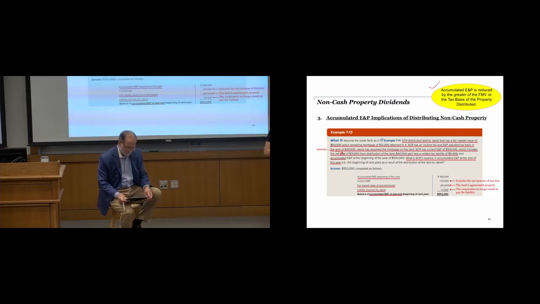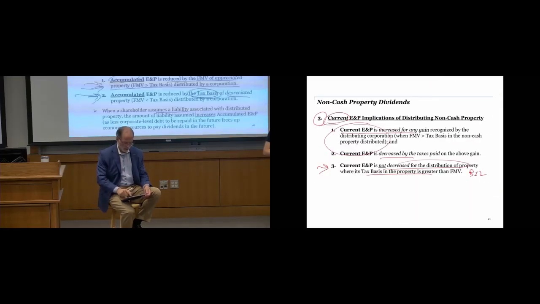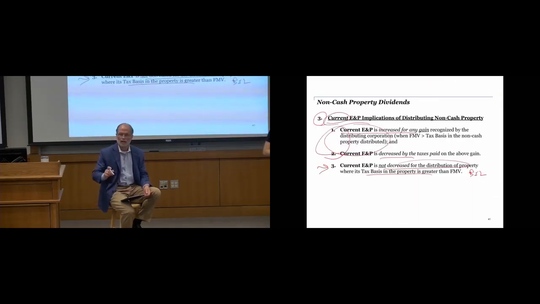SDR has current E&P of 100K, which includes the net increase of 31.6K from distribution of the land, 40K gain less related tax liability. So that's just the first two parts of this. Right? It goes up by the gain, down by the incremental tax I incur on the gain.